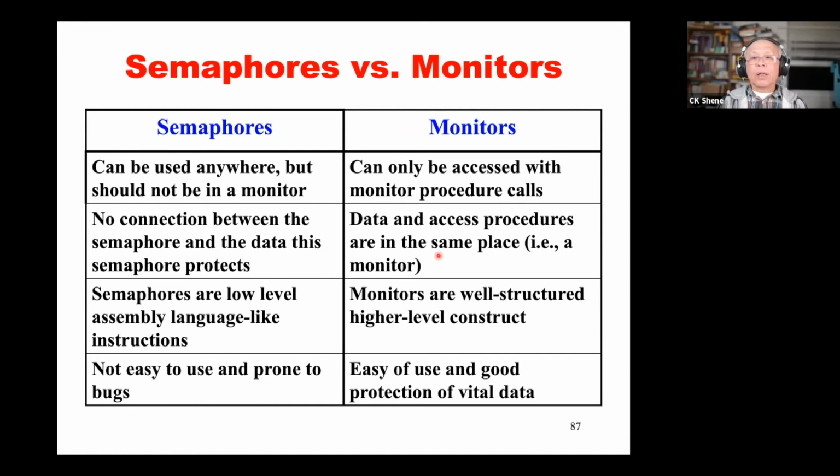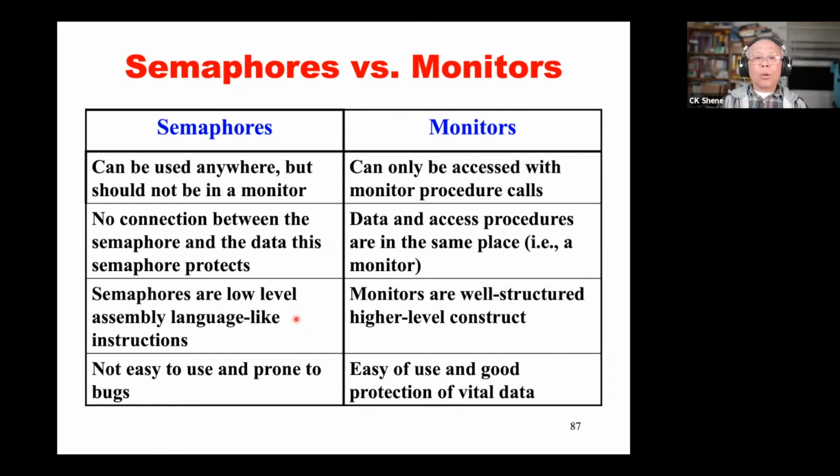On the other hand, with monitors, the data and access procedures are all in the same place. But as I mentioned earlier, you need to go in and out of the monitor so many times. Efficiency can be lower. Now, you probably have already felt this way.